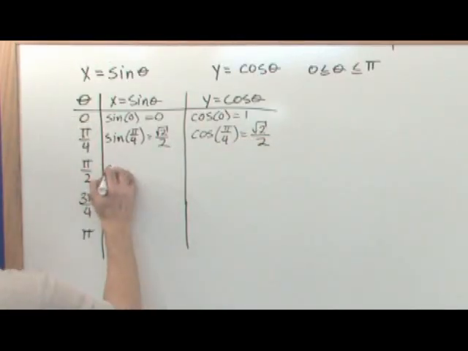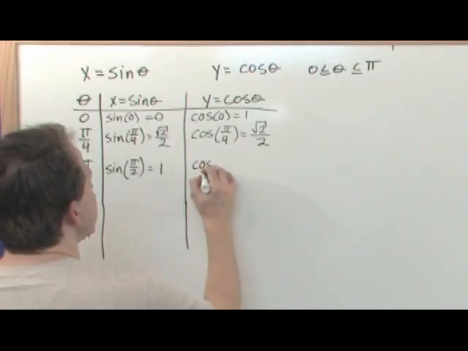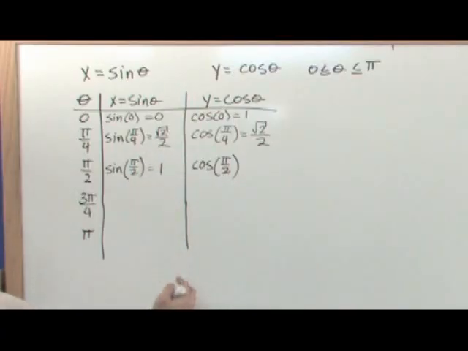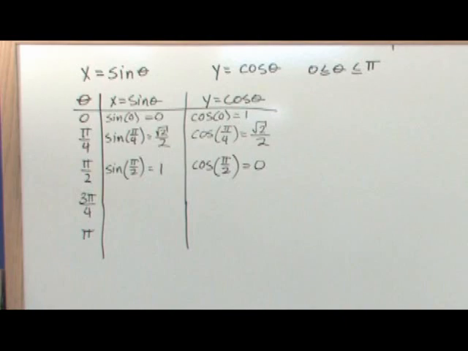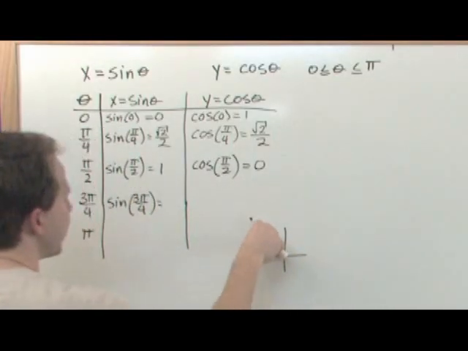Now what's the sine of pi over 2? That's straight up and down, pi over 2, so sine is equal to 1. And cosine of pi over 2 is cosine of here. There's no projection on the x-axis, so cosine of pi over 2 is 0. Now the sine of 3 pi over 4. Remember, I'm looking at right here now. 3 pi over 4 is right over here.